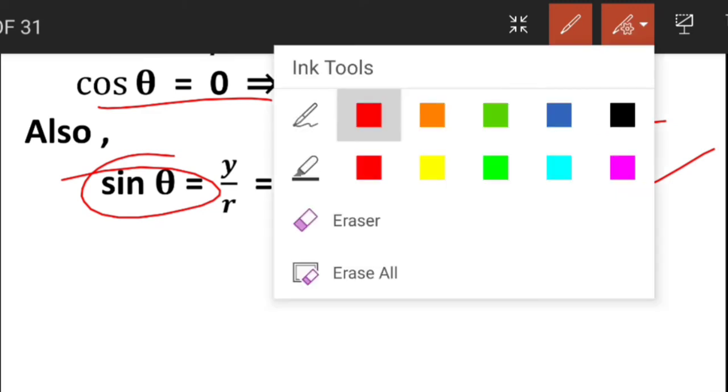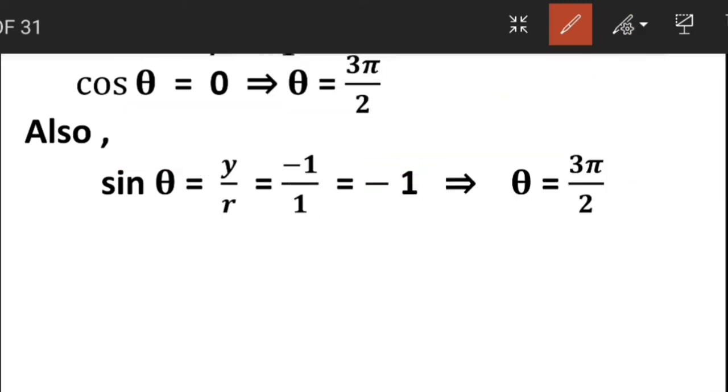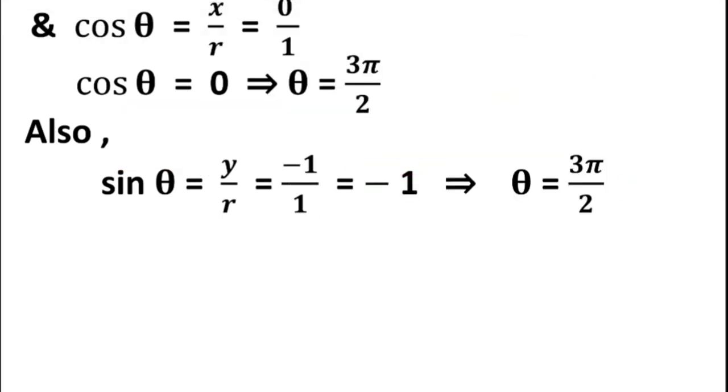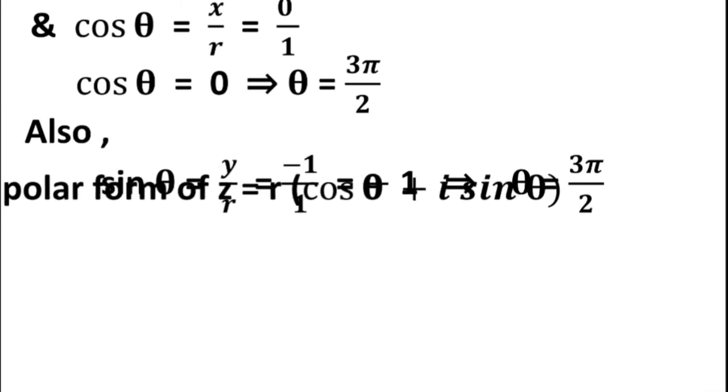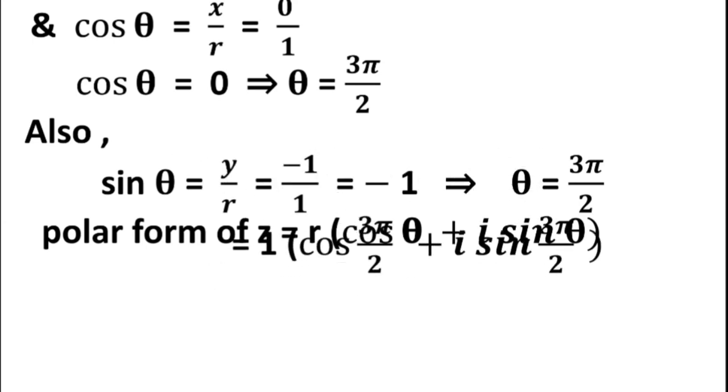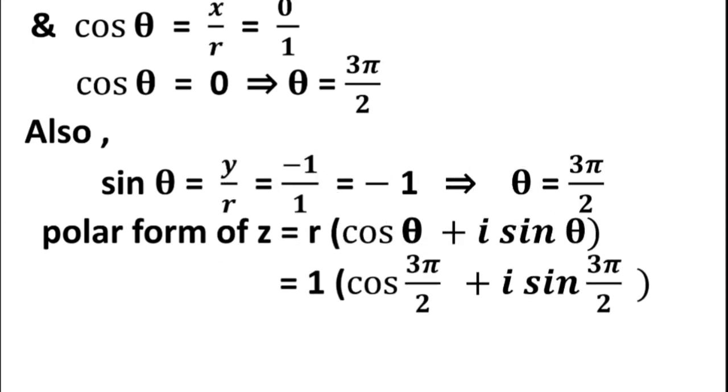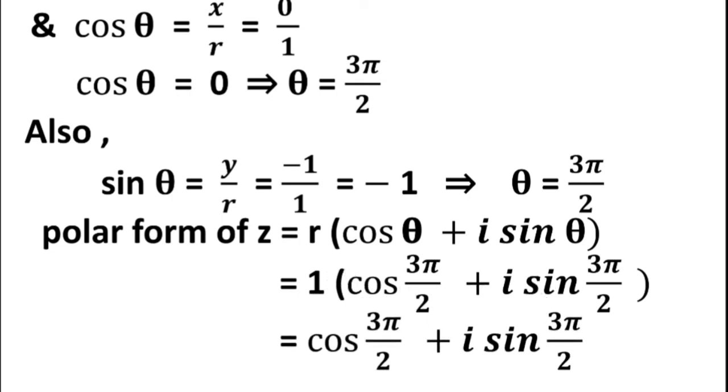So theta is equal to 3 pi by 2. So the polar form of the given complex number is 1 into bracket cos 3 pi by 2 plus i times sin of 3 pi by 2. That's it.